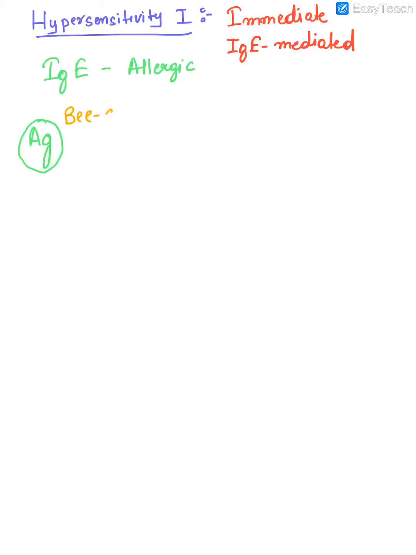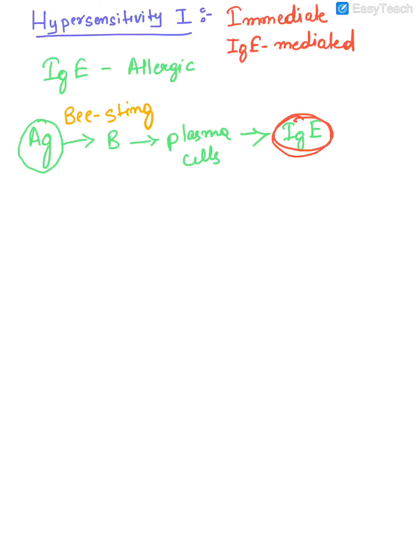The antigen is the bee sting. This antigen will go to the B cells, the B lymphocytes. The B lymphocytes will form the plasma cells, and the plasma cells will form the IgE. This IgE is specific to the bee sting.